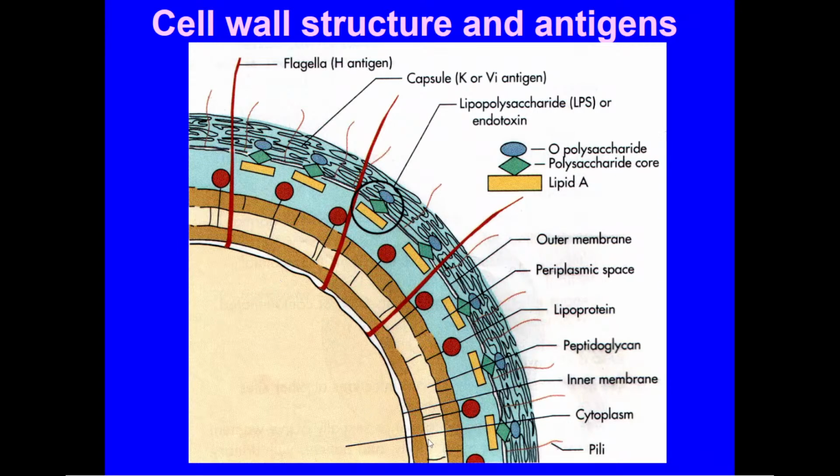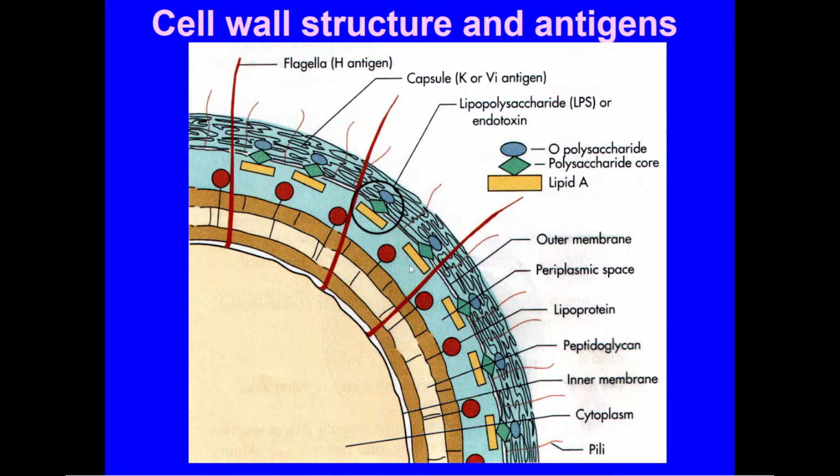Then we have a periplasmic space, where we have a layer of peptidoglycan, right?